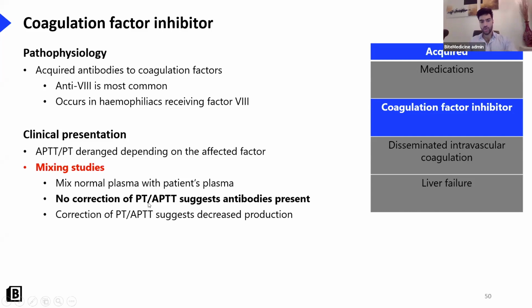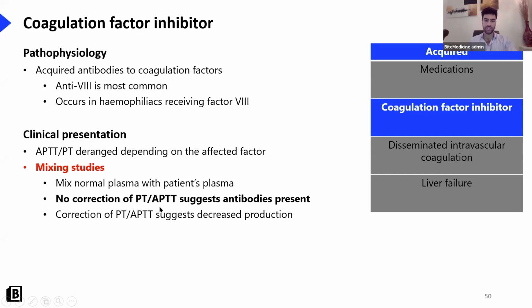If you have no correction of the clotting studies, that means that the patient's plasma contains antibodies which are attacking the donor clotting factors. If you do have correction of the coagulation screen, the PT or the APTT, that simply means the patient just had decreased production of a specific factor.